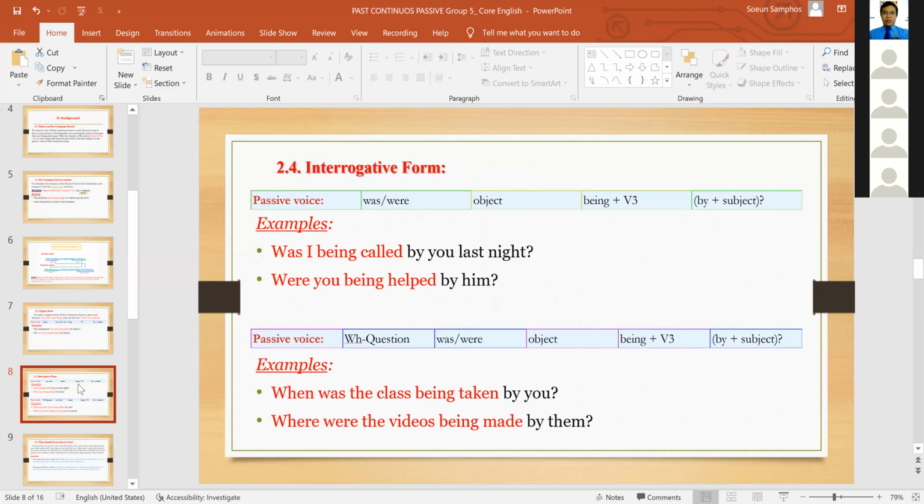Okay, thank you. So when do we use the past continuous passive? For me, I think we use the past continuous passive to describe an action or event happening at a definite moment in the past, when we want to focus attention on a person or thing affected by the action.